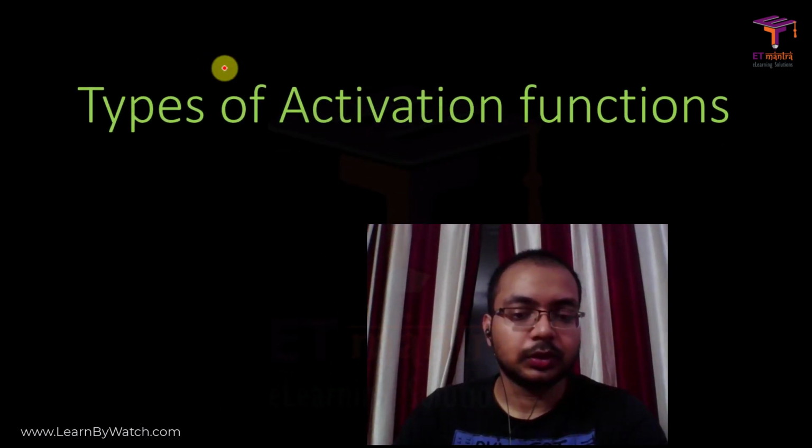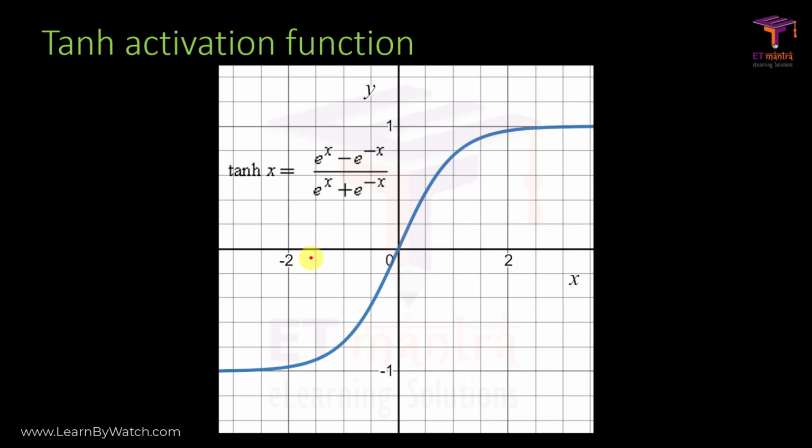Now before moving on to the backward propagation, we will look at the types of activation functions. This one is the tanh activation function, which is generally used. It gives output in between -1 and 1, and you can also see it from this equation.